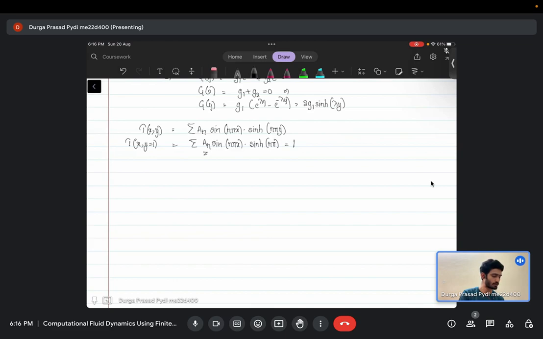So what you get over there is a_n times the integral from 0 to 1 of sin square n pi x, then you have sinh n pi dx, equals, on the right hand side, you just multiply it with sin n pi x dx.